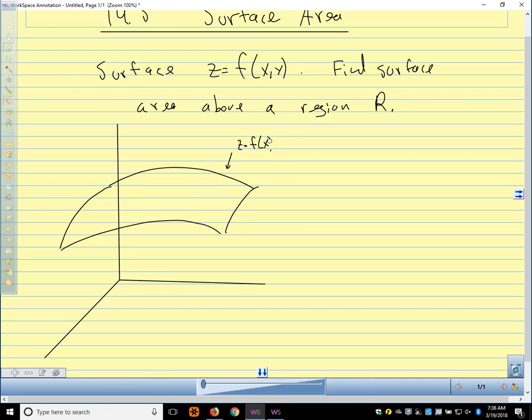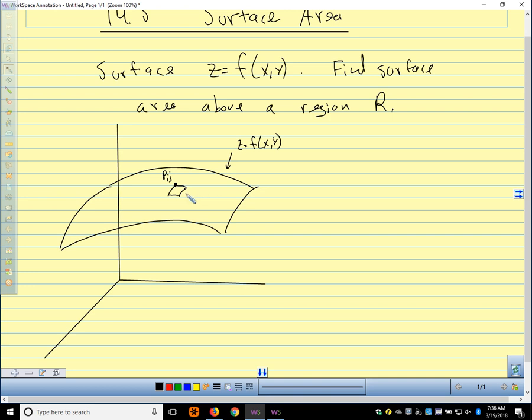And what we're going to do is divide this into little parallelograms, or little rectangles. And we're going to call the point at the corner of this little rectangle P sub ij. That's just that point.